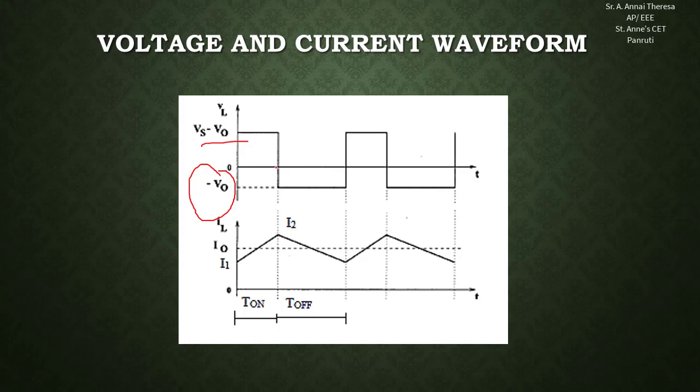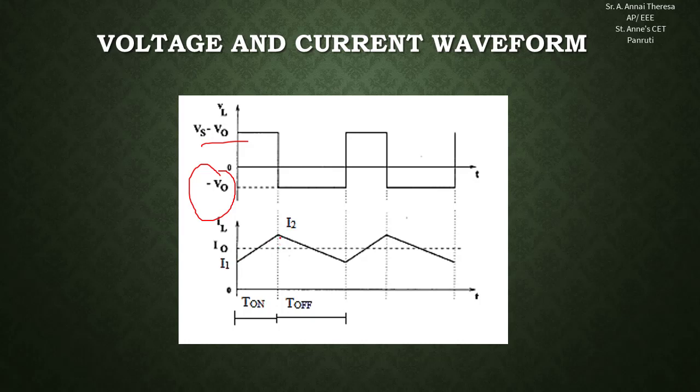When the switch is off, the inductor discharges its energy, so the current through the inductor will be reducing from I2 to I1. Whenever the switch is on, the inductor charges its energy and the current through the inductor increases from I1 to I2.